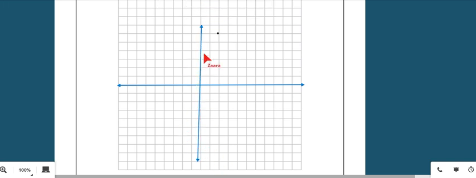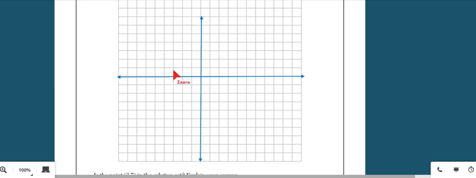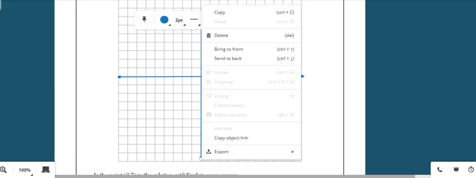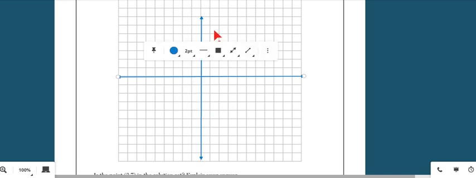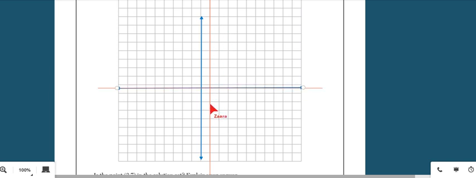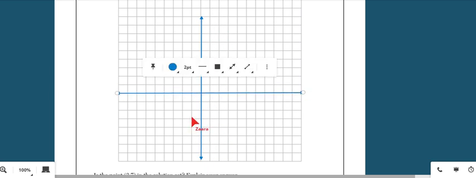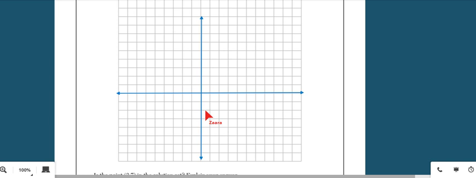I think the line is supposed to be a little bit more in the middle. I think there is no need. Yeah, there is no need for that. Now let's see if I can get a good curve or not.